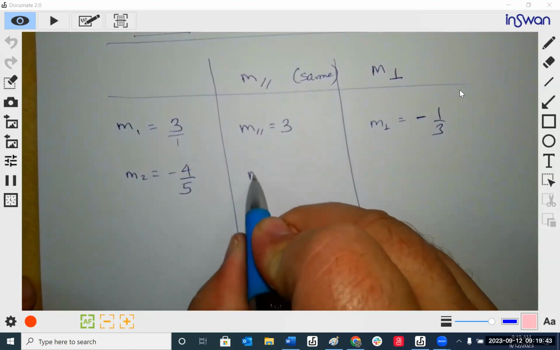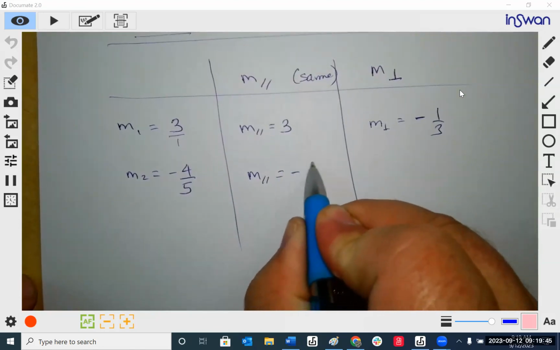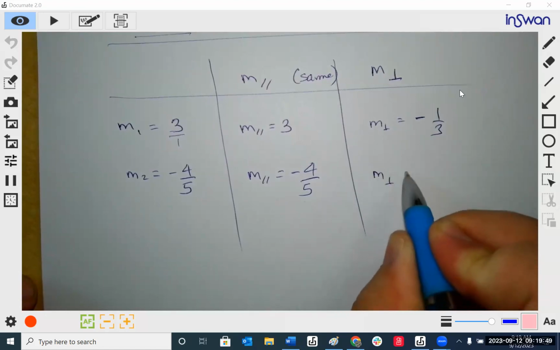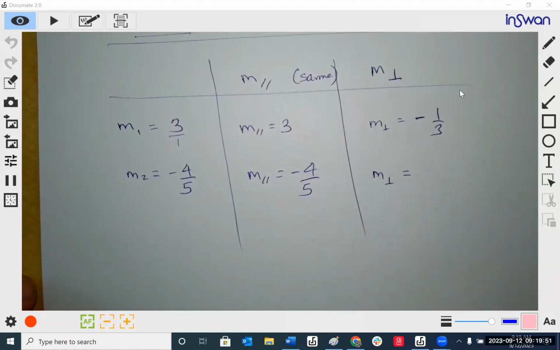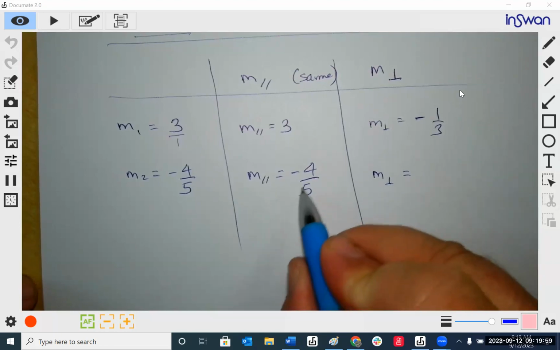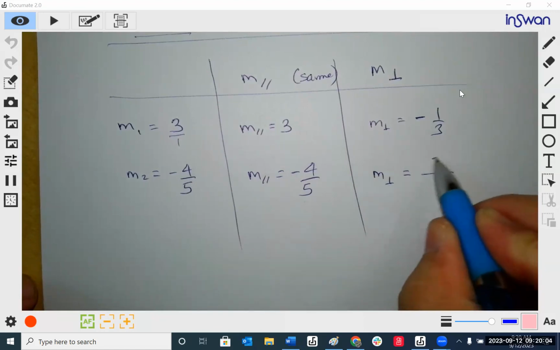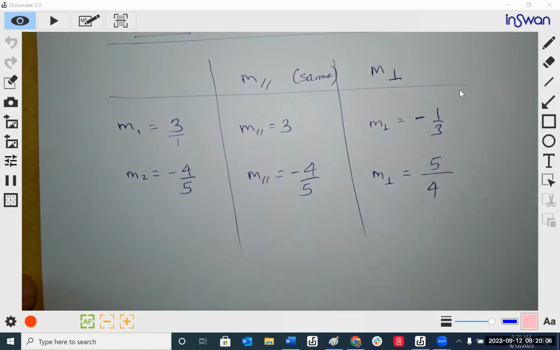It doesn't change. -4/5. What's the perpendicular? Change the sign. This one's negative, so it has to be positive, and flip it. 5/4. Very good.